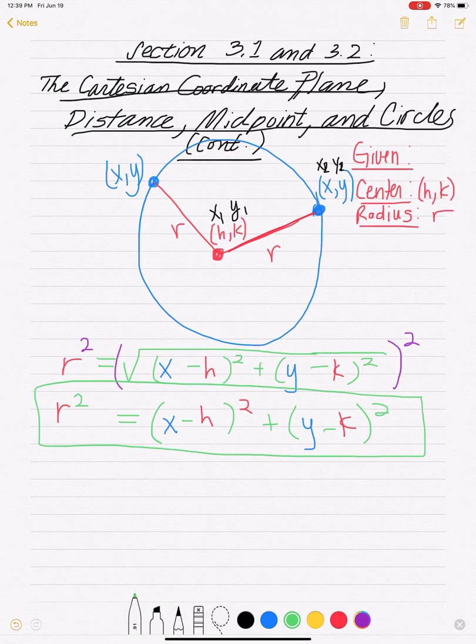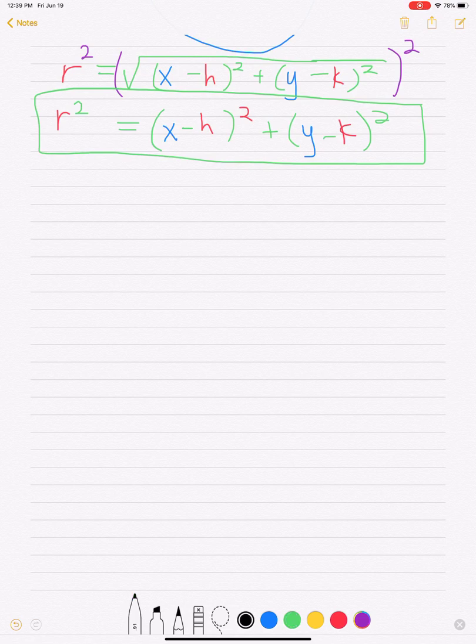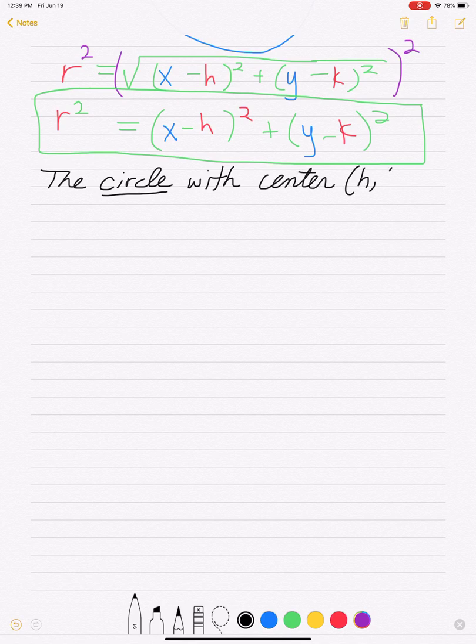So x and y are unknown. They're just variables. HK is going to be your center, and R is going to be your radius. So let's write that down formally. The circle with center H, K, that's going to be known, H and K are going to be known, and radius R, that's going to be usually known.